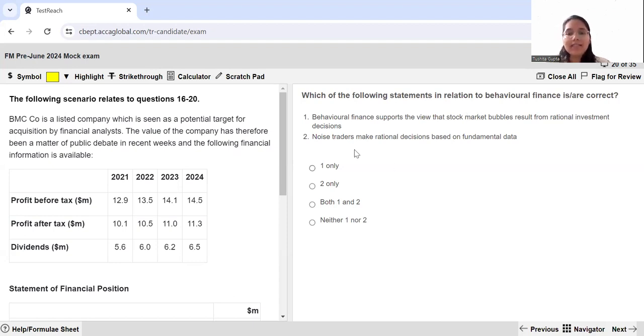So, one is incorrect. Noise traders make rational decisions on fundamental data. Absolutely not. They do not do any sort of fundamental analysis. They simply overreact to good and bad news without any rational analysis. So both statement 1 and 2 are incorrect over here. Hence, because it is asked which is correct, I mark neither 1 nor 2.